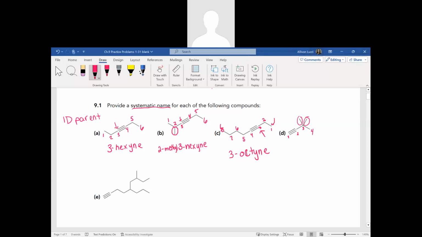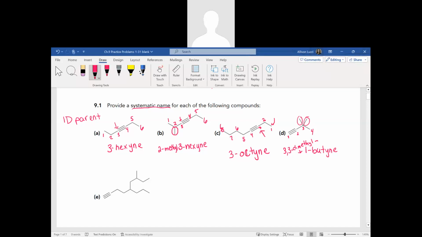So that's why we're going to end up with a 1-butyne. Then we have to name these 2 methyl substituents on the carbon 3. So we would name them both with the locant 3, 3. And then we're going to have a dimethyl. So 3,3-dimethyl-1-butyne for compound D.